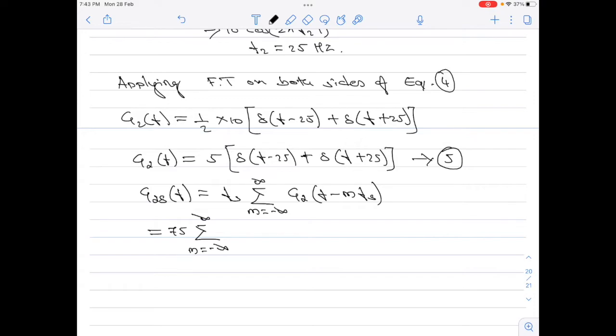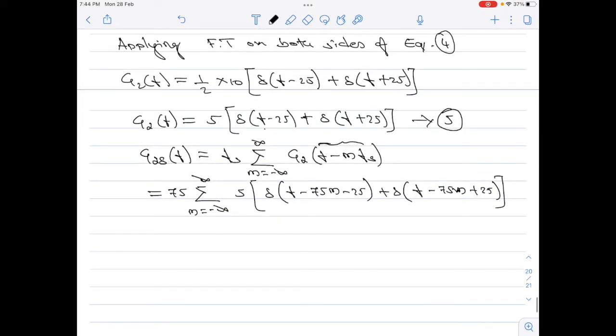I go back to equation 5, and wherever there is an f in equation 5 RHS, I'll substitute it by f minus m Fs. So therefore it will be 5 into delta of f minus 75m minus 25 plus delta of f minus 75m plus 25.